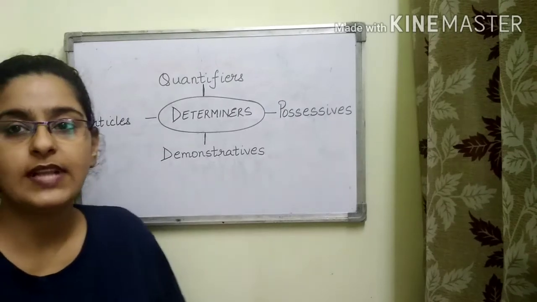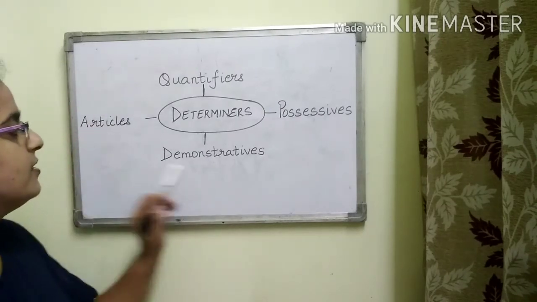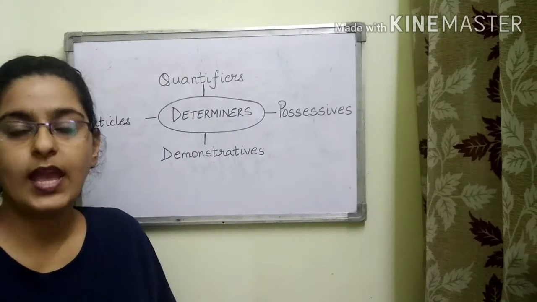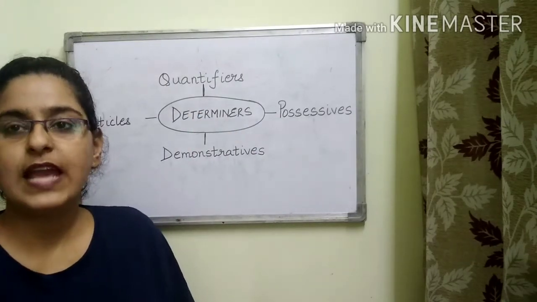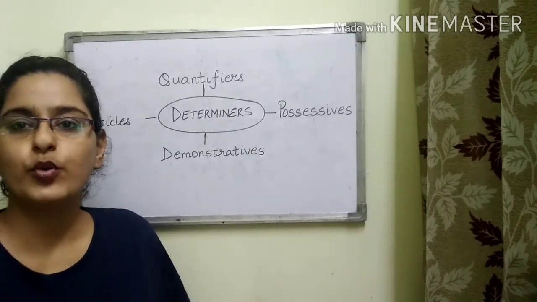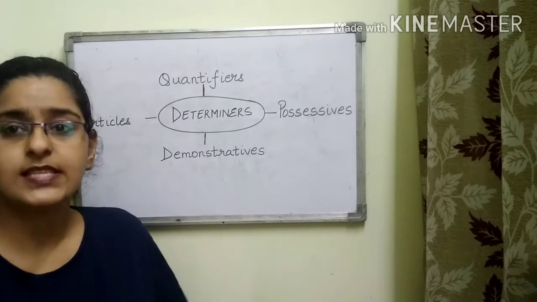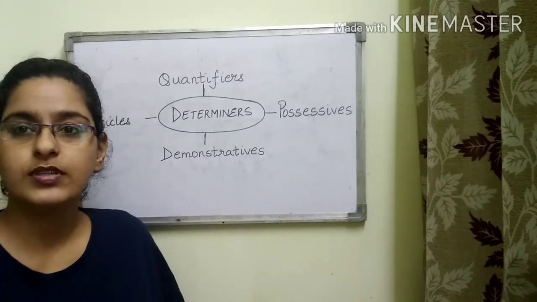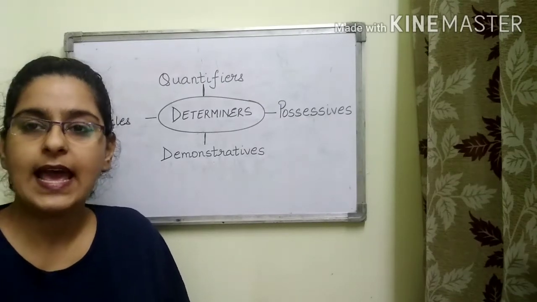There are 4 classifications: articles, demonstratives, possessives, quantifiers. In part 1 we have already discussed articles. Just to give a quick recap, articles are of 2 types: indefinite and definite.